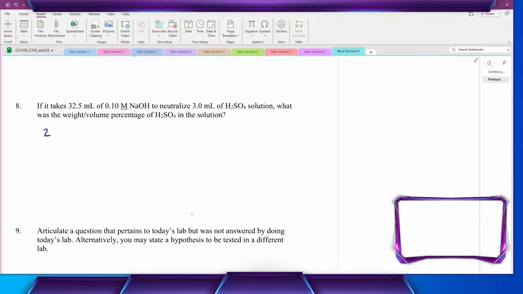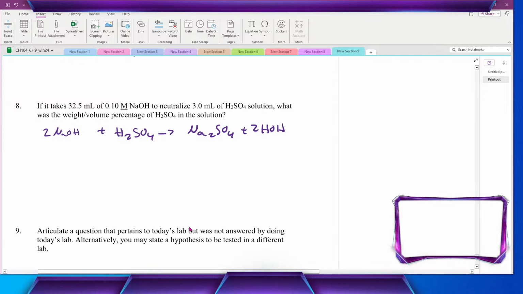Of course, we have a little bit of a difference because now we have 2 equivalents of sodium hydroxide needed for our sulfuric acid, and then 2 equivalents of water. So now let's walk through it together.